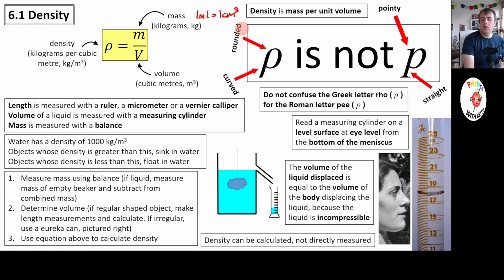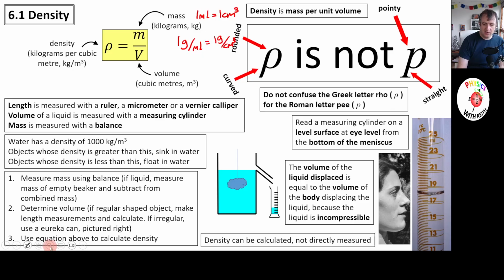So you can measure the density of water, and you'll find that that is the case. If I have a litre of water, then that is going to have a mass of 1 kilogram, so 1,000 grams. Water has a density of 1 gram per millilitre, or 1 gram per cubic centimetre.